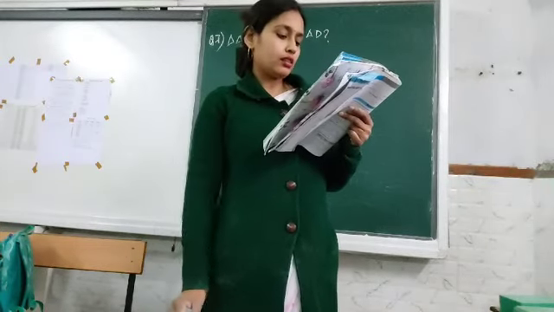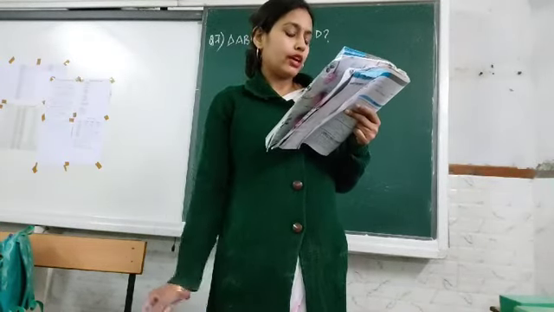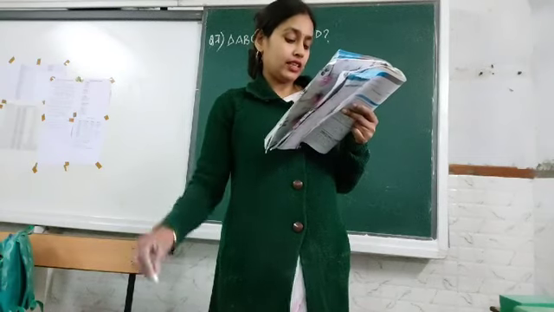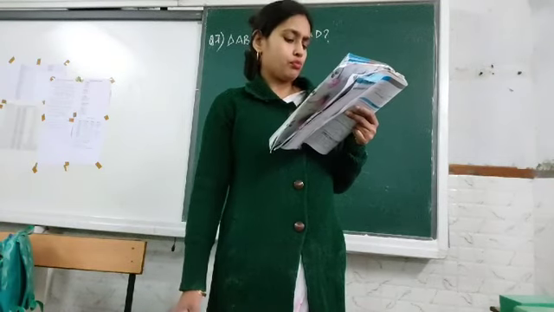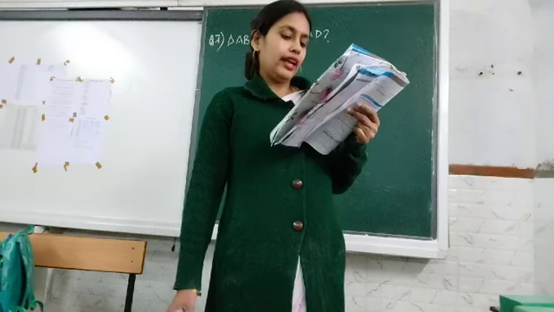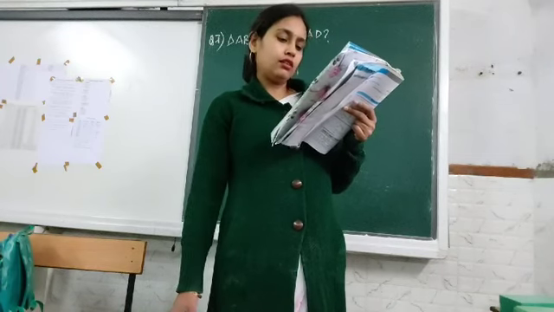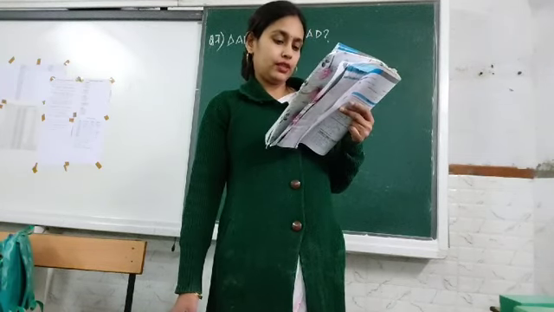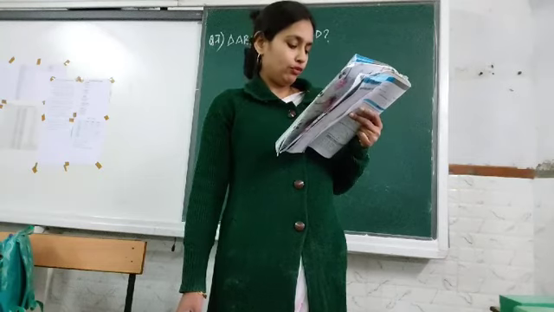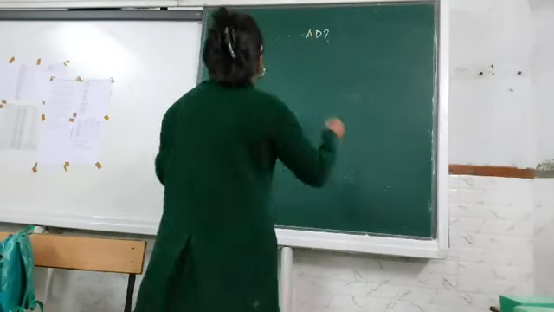Triangle ABC is a right angled triangle, right angled at A. AD is perpendicular to BC. If AB is 5 centimeters, let me make it up.